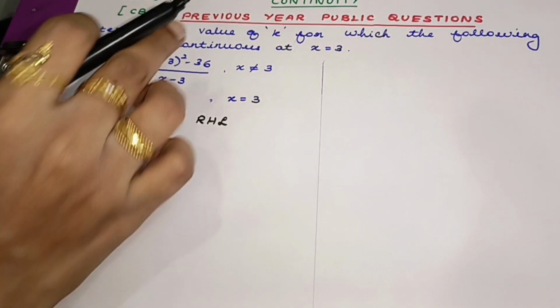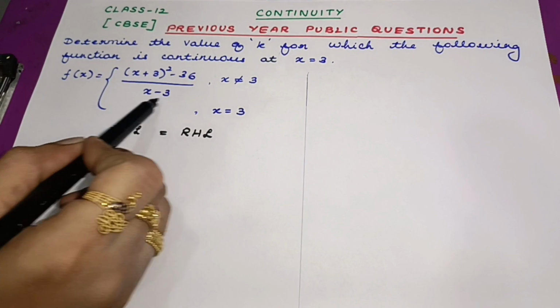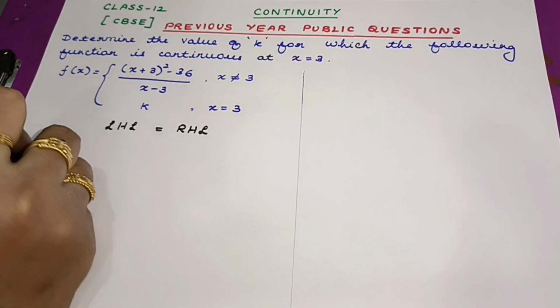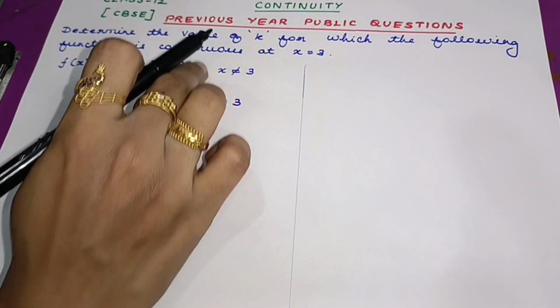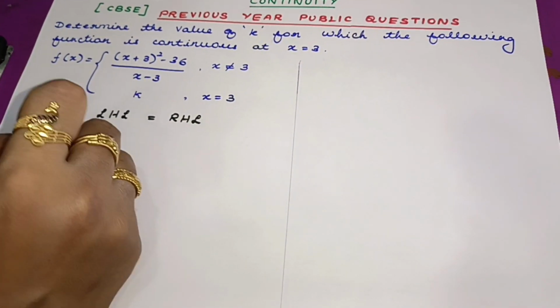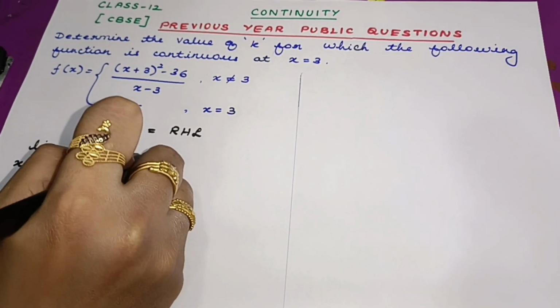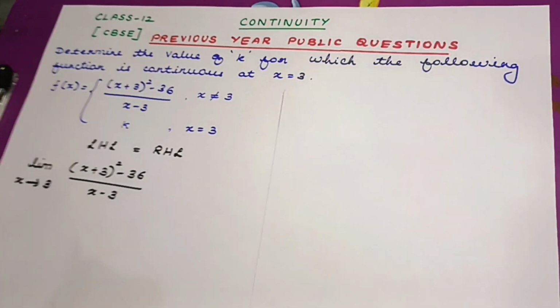So this is the condition for continuity. Limit x tends to 3 minus or 3 plus, both belong to this case: (x plus 3) the whole square minus 36, divided by x minus 3.